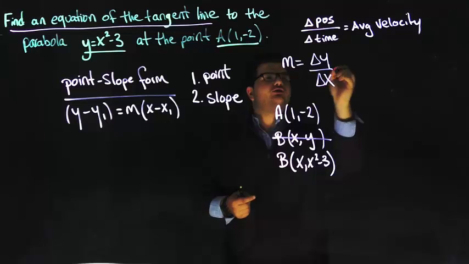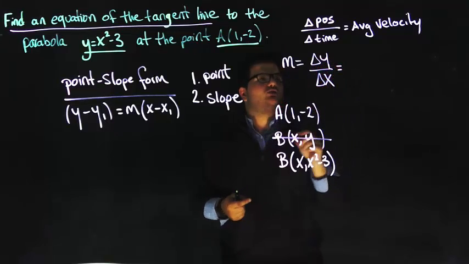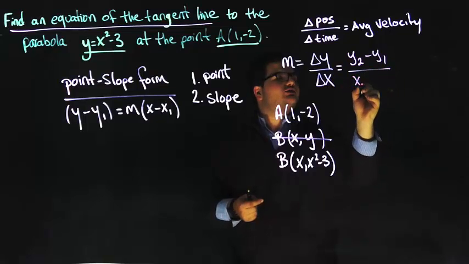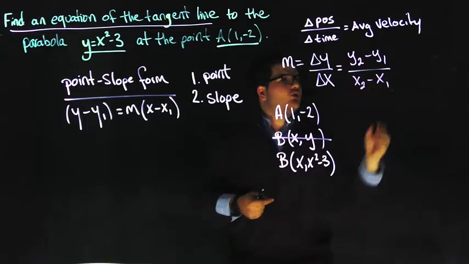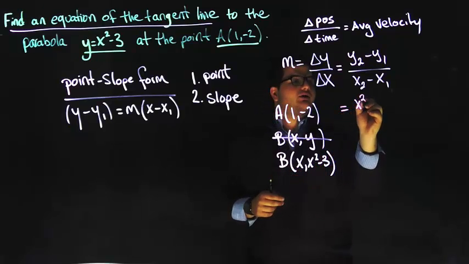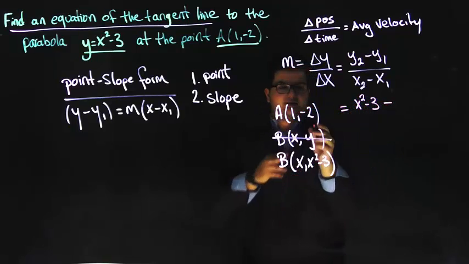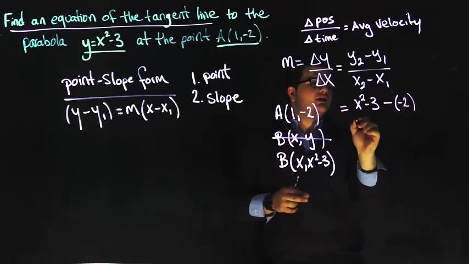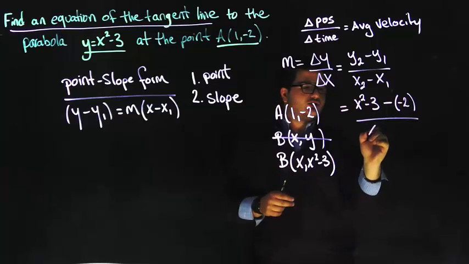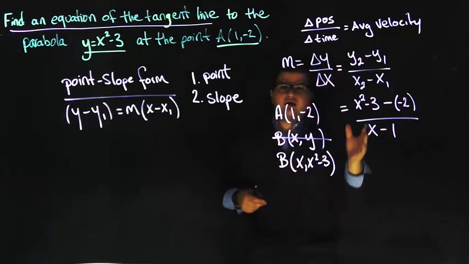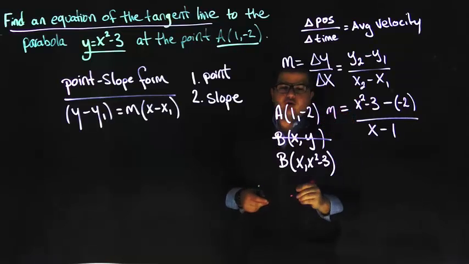And so I can use the slope equation for the change in y, which is equal to y2 minus y1 over x2 minus x1. Well, what's my y2? My y2 is x squared minus 3 minus, what's my y1? It's negative 2, use parentheses, over my x2 is just x, my x1 is just 1. And this is equal to the slope.